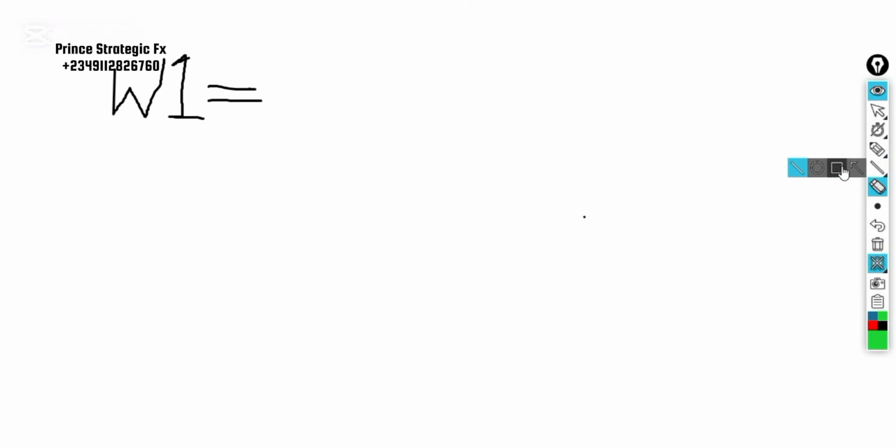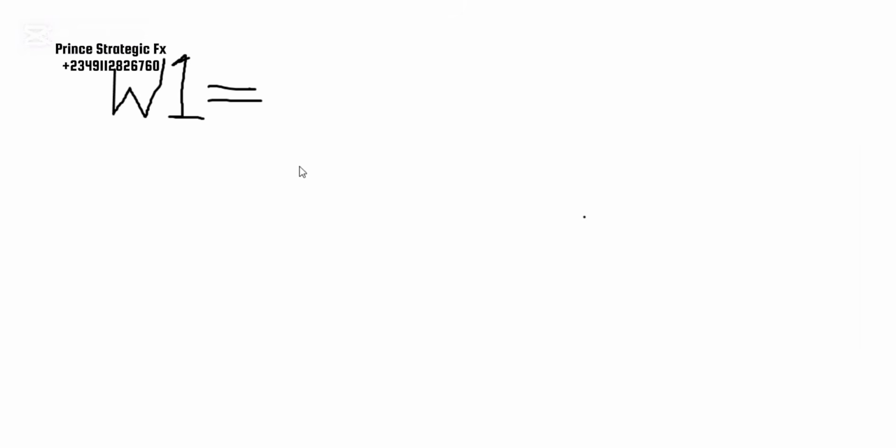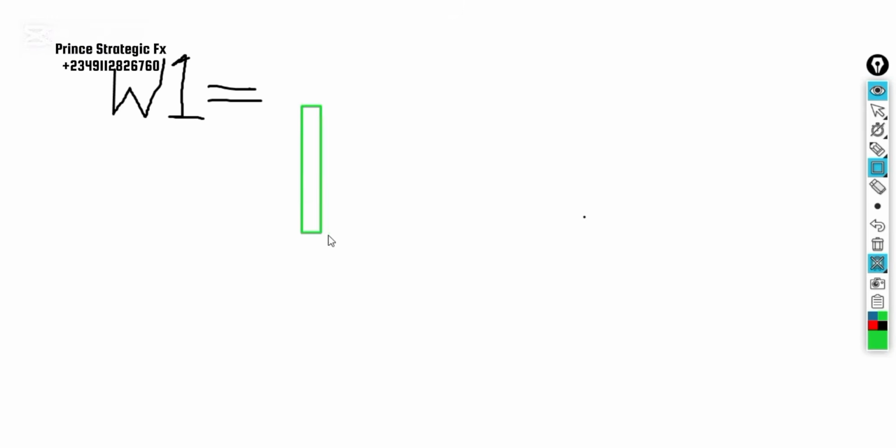Let's say this is our bullish candle. We have a bullish candle just like this, and the bullish candle has a wick at the top and another wick below. That is the weekly bullish candle.